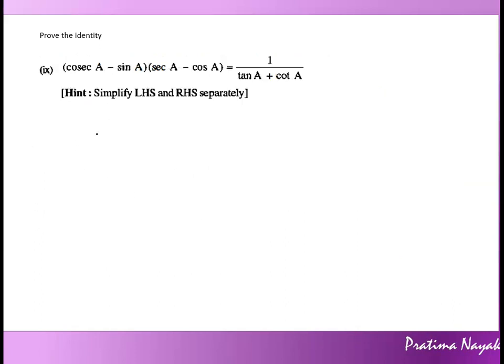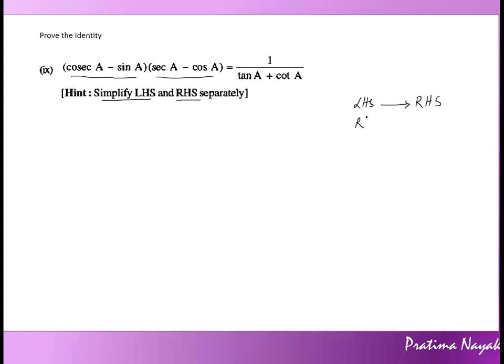Question 5, ninth part. Cosec A minus sin A, sec A minus cos A is equal to 1 by tan A plus cot A. This hint is given: simplify LHS and RHS separately. You know that in identities, we can start from LHS and reach RHS. This is also proof.